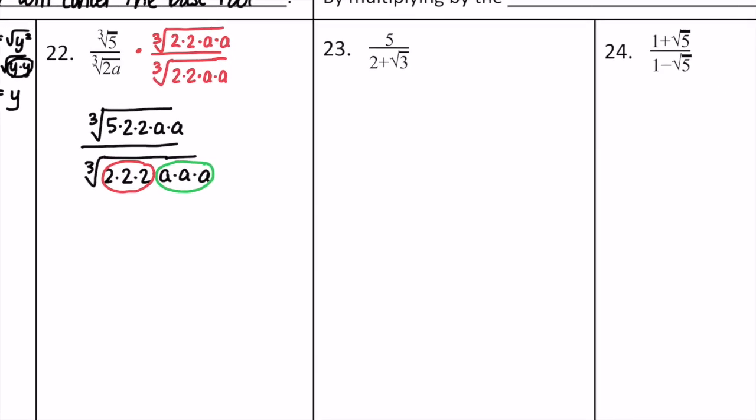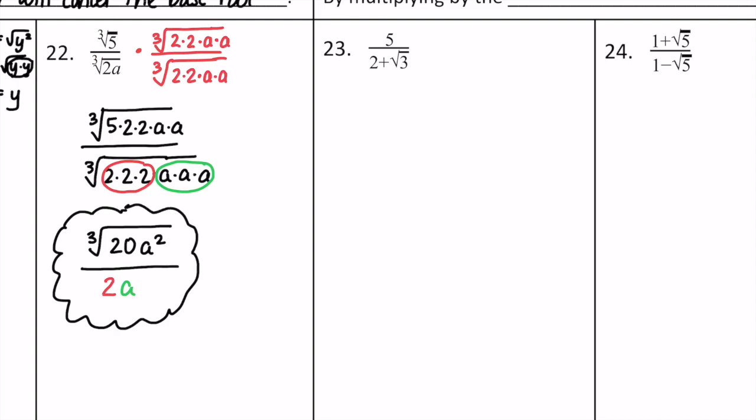I have the cubed root of, that's 10 times 2, which is 20 a squared, and there's no groups I can take out of there, so that stays the cubed root of that. Then in the bottom, I have the cubed root of 2 cubed is 2, and the cubed root of a cubed is a. So this is my final answer. Now you notice there is, in the denominator, no cubed root.